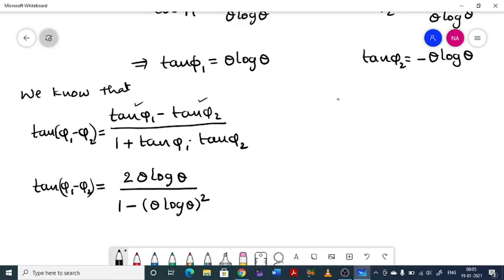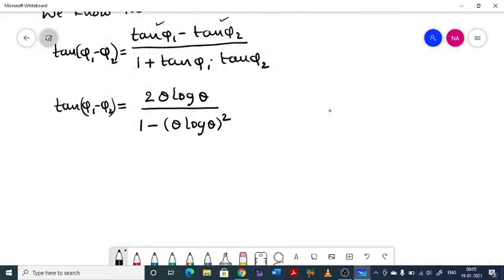Now I have to eliminate this theta, otherwise we don't get any angle. To eliminate a parameter, usually, though it is not a standard, we use the given statement.